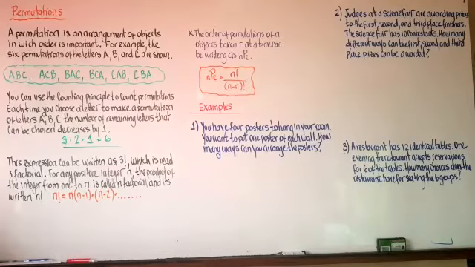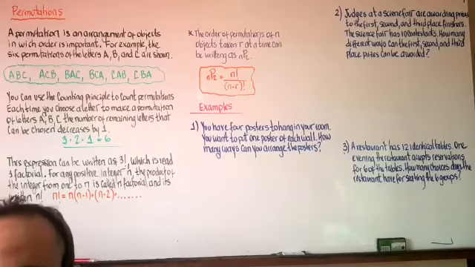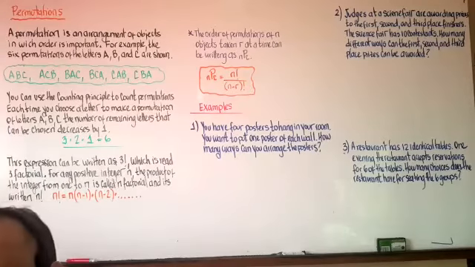For any positive integer n, the product of the integers from 1 to n is called n factorial, and it's written as n with an exclamation symbol. It is n times n minus 1 times n minus 2 and so on.